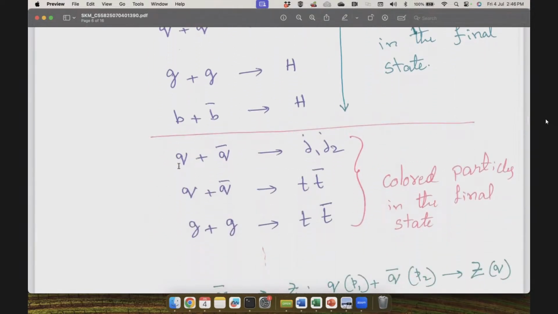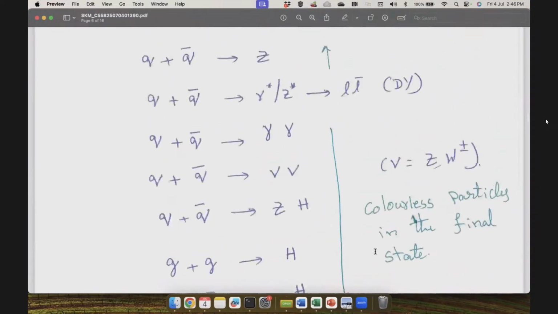But in addition, I can have two partons giving rise to two jets, say J1 and J2. So this is the dijet production in head-on collisions. Or I can have the on-shell T T bar production, or top pair production in the gluon fusion channel.